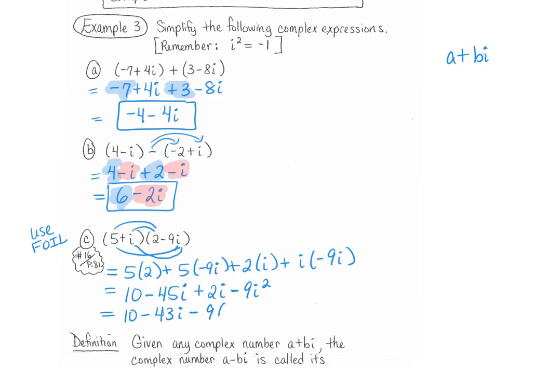Minus 9 times i squared. i squared you told me was negative 1. So then we can simplify. That gives us 10 minus 43i. What's the rest? Plus 9. Good. So then combine like terms. What do we get? You got it. That's it. So we've added, subtracted, and multiplied.